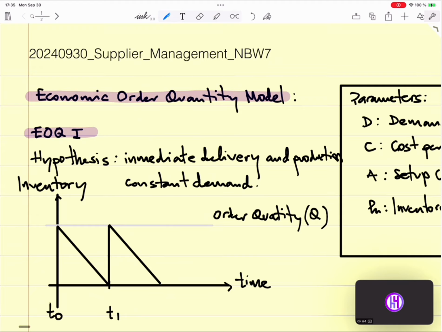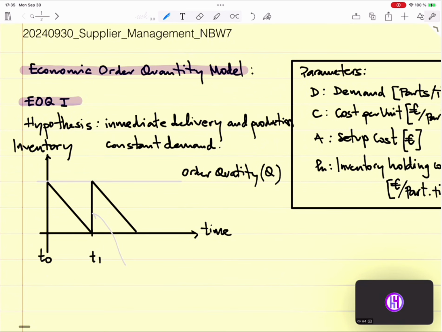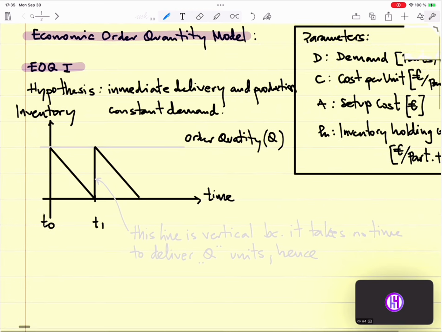So this is just this, if you wish. This line is vertical because it takes no time to deliver Q units, okay? Hence, immediate delivery.